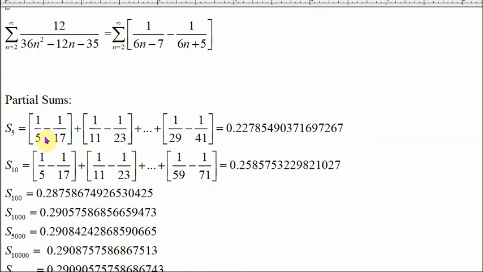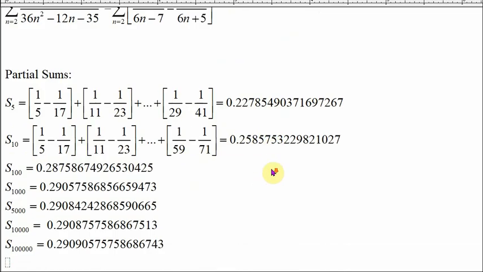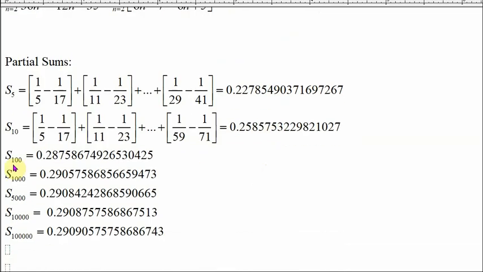This is the sum of the first 5 terms, and it's 0.22785449. This is the sum of the first 10 terms, and it's 0.258575. The sum of the first 100 terms is 0.287586.